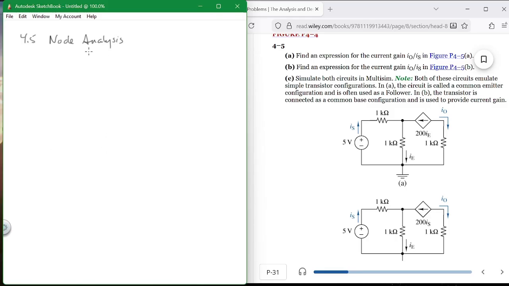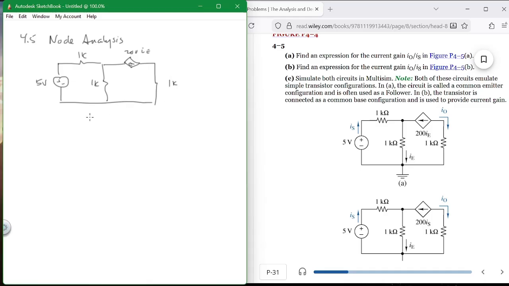Now, with that in mind, this is my circuit, plus to minus 5 volts. 1K, 1K. And then this little guy right here, which is a mess, 200 IE. That's a current supply. Then we go 1K down here.